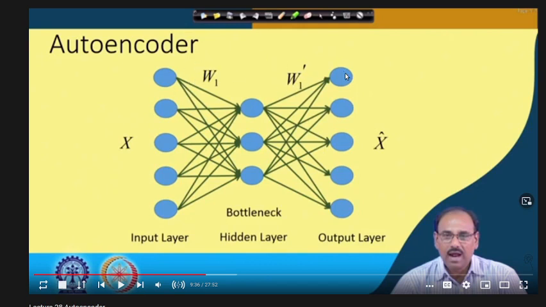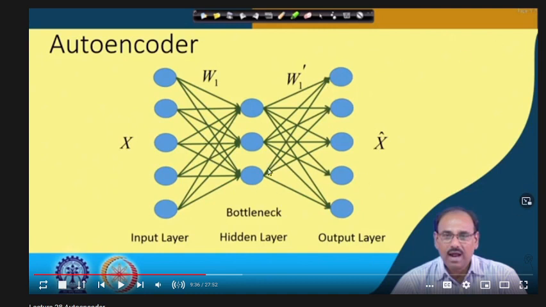So it will create once again what is considered to be x cap, and then we try to figure out how much data is lost. We do it in the same manner of sum of mean square error. So this is how the autoencoder works.